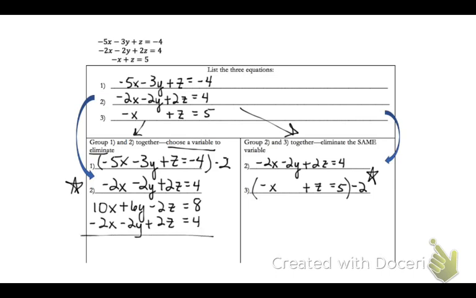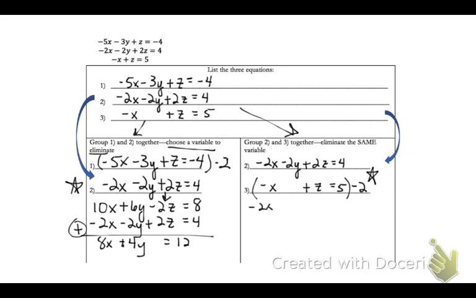And then I always draw a line, and since my signs here are opposite, I'm going to add. So 10x minus 2y will give me 8x, and then plus 4y. My z's eliminate, and that's what I want, and that will equal 12.